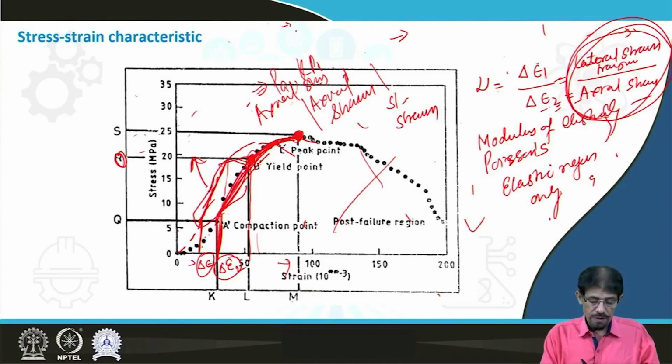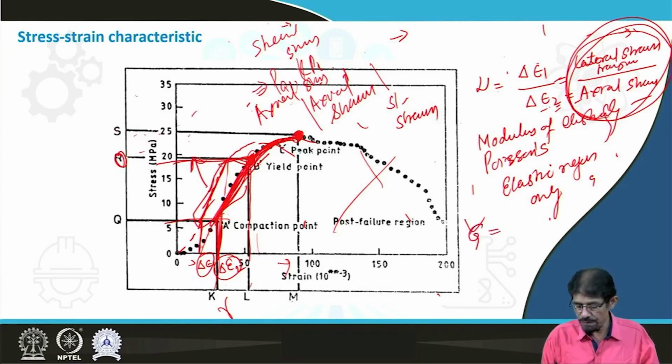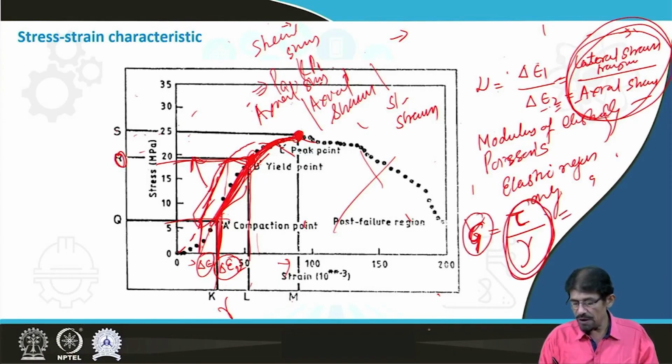If we assume this curve under shear stress mode, then for the corresponding value of this stress and corresponding value of this strain, if we look at this G, the modulus of rigidity, then we can say that shear stress, generally represented by this letter tau, divided by the corresponding shear strain, represented by this gamma, is considered as the shear modulus or modulus of rigidity.